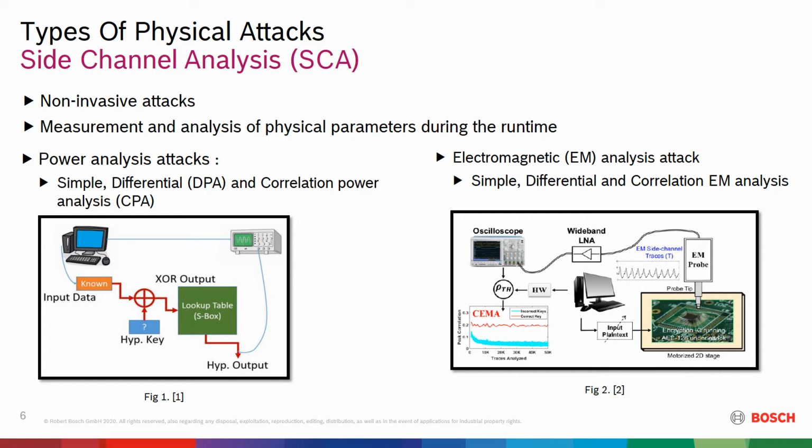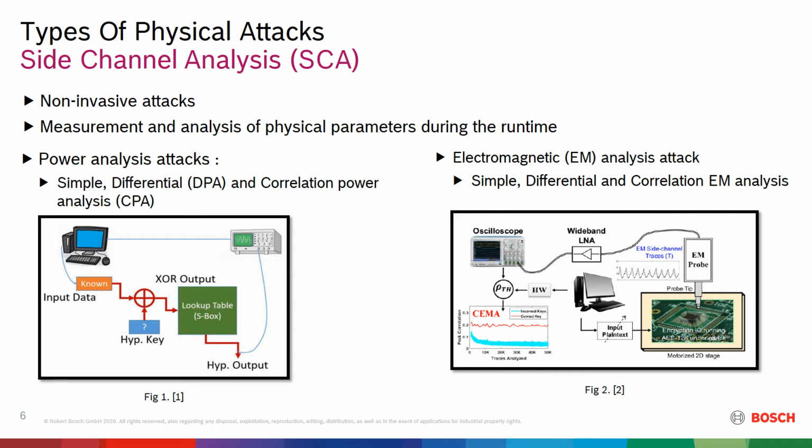Power analysis attack deals with interpreting power consumption measurements collected during the cryptographic operation. This can be divided into simple, differential and correlational power analysis. Simple power analysis, as the name suggests, deals with deriving the key more or less directly from the power traces without applying any statistical means.